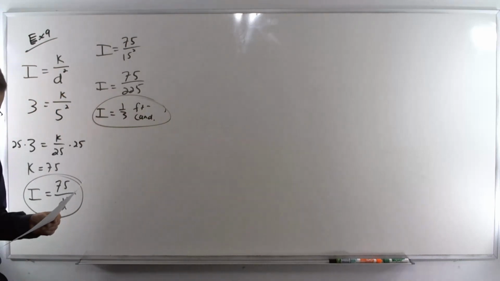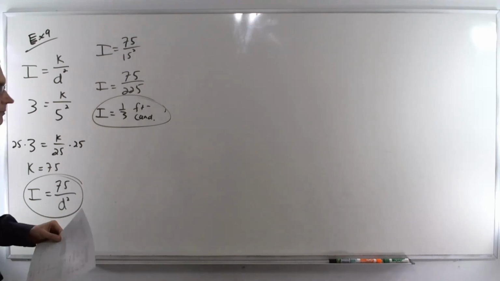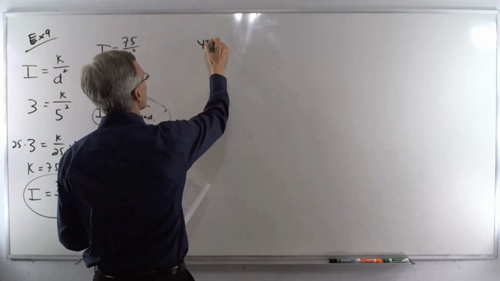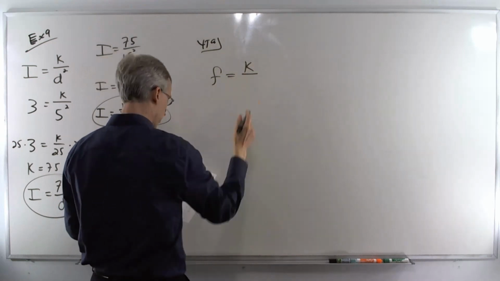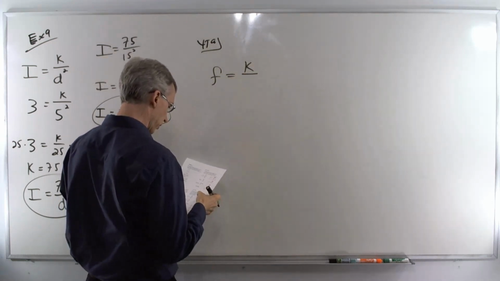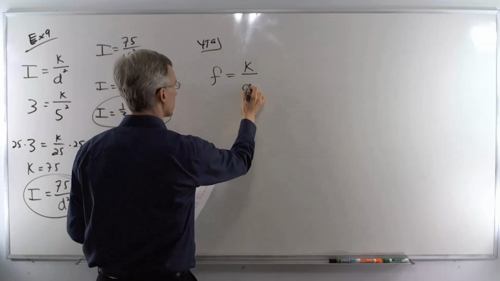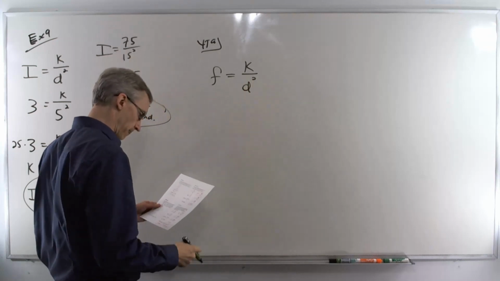Your turn, number 9. The force of gravity, F, varies inversely with the square of the distance from the object, D squared.